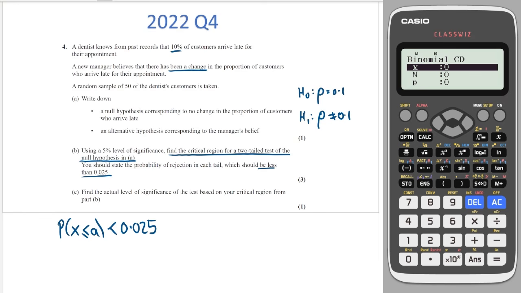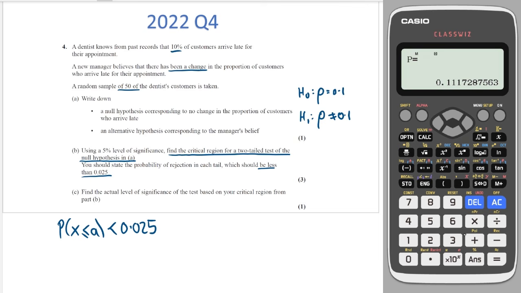So essentially I'm just going to use trial and error, and I'm going to start off with, well, 10% of a random sample of 50 is 5. So that's what we would expect. So let's go lower than that. Let's go 2. And the number of people is 50, and the probability is 0.1.